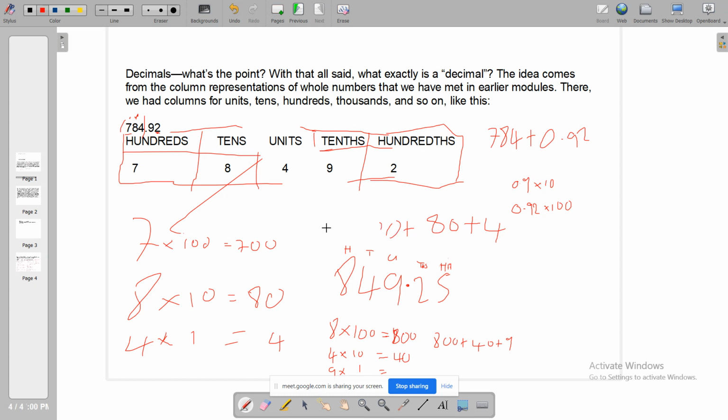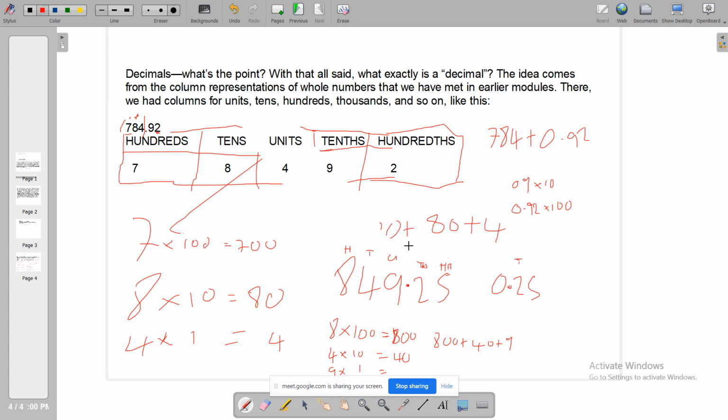If I want to break this number down, it can also be 0.25, right? Okay, 0.25, but you know that this one stands for what? The 10th. Okay, the 10th, so it means what? 10th of what?